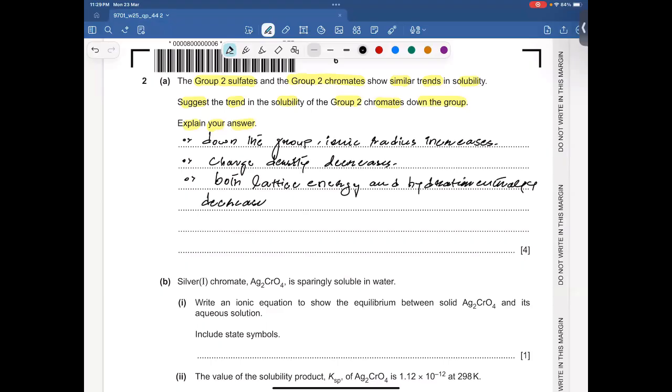And if both lattice and hydration enthalpy decrease, so down the group, hydration enthalpy decreases more significantly than lattice.